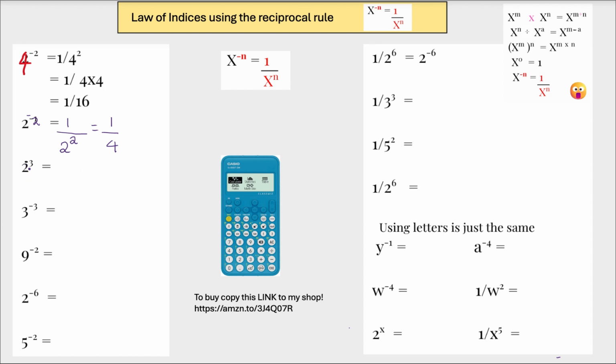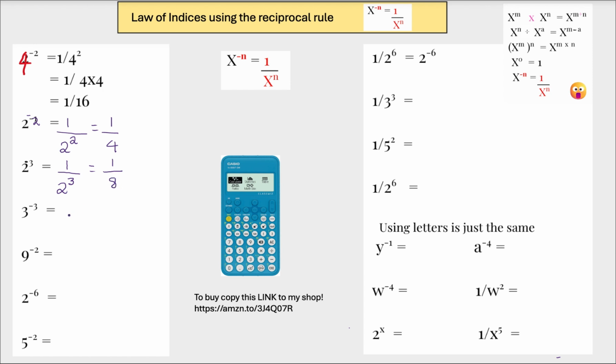Now we have 2 to the power of negative 3. So flip it to a positive: 1 over 2 to the positive 3. Now we do 2 times 2 times 2, which equals 8. So our answer is 1 over 8.